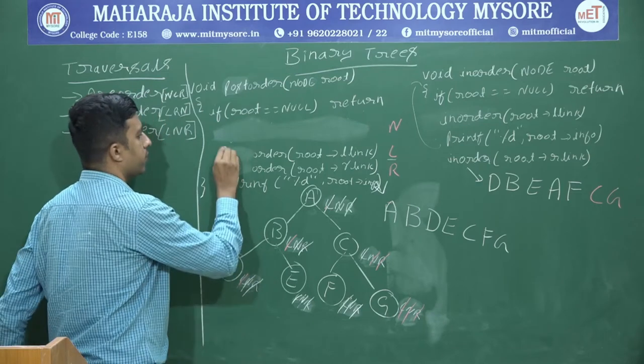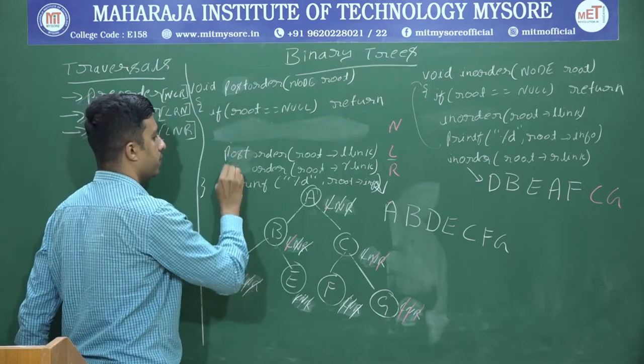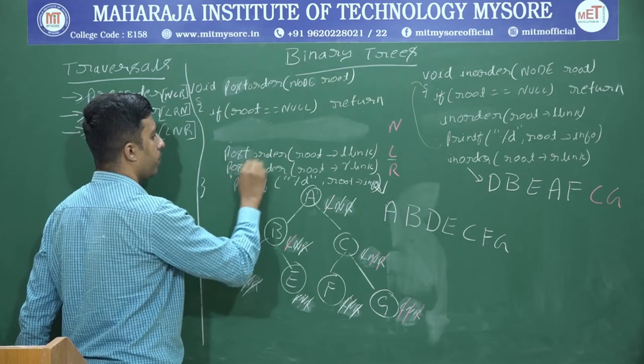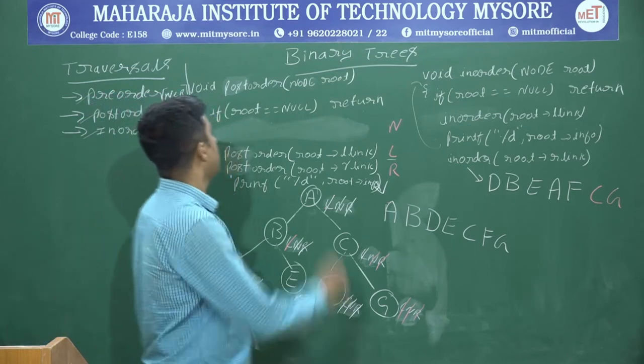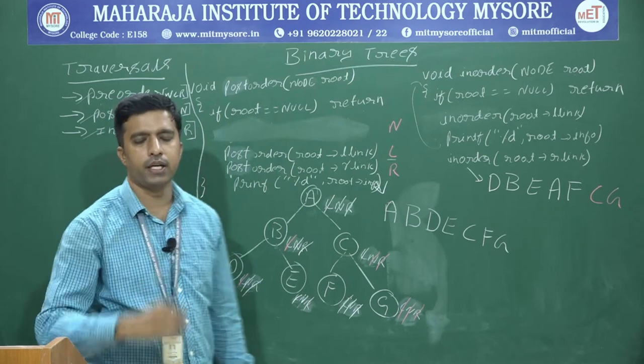Okay, this is the recursive function for post order traversing. See, in the post order traversing, once again it begins with the root.